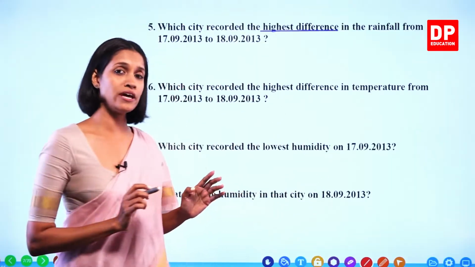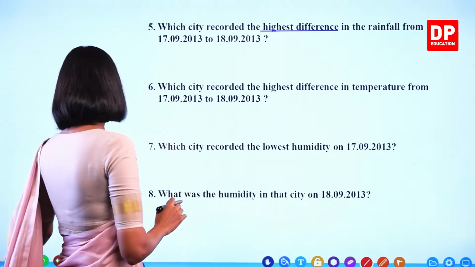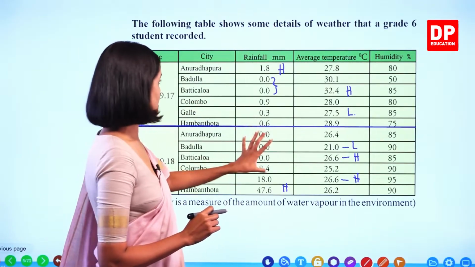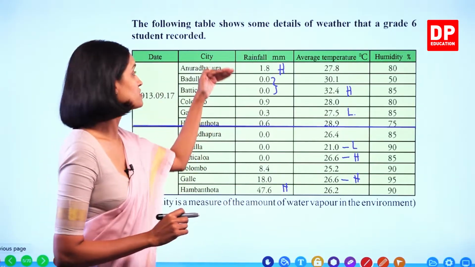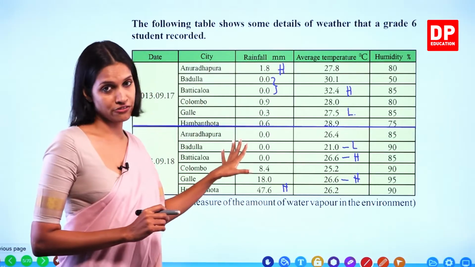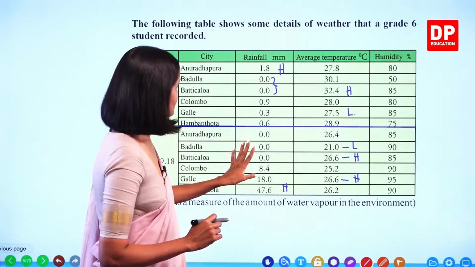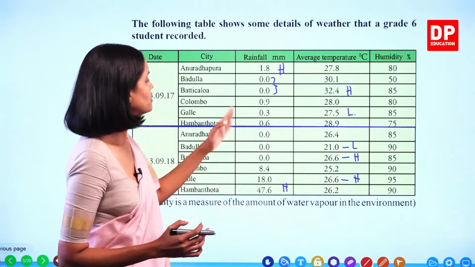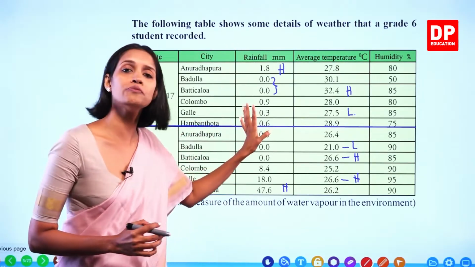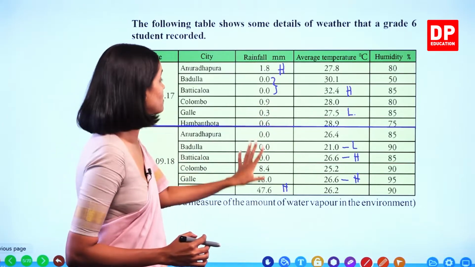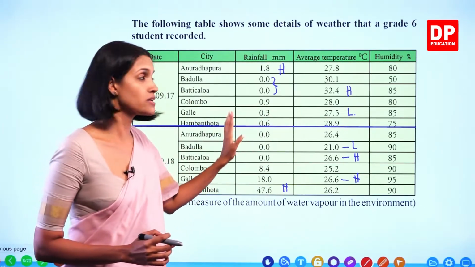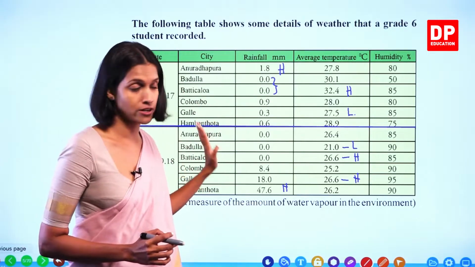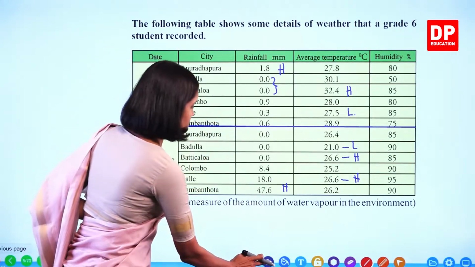Now you all know that when we went through the list, the first day and second day, when you consider each city, the first day and second day rainfalls are different. So what is the highest difference? Now some of you might be able to decide, just by looking at this, what is the city with the highest difference. But I suggest you all have to calculate one by one. Okay, let's do it now.